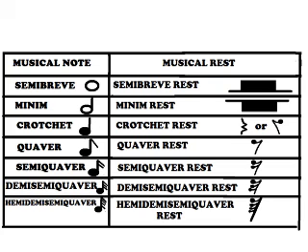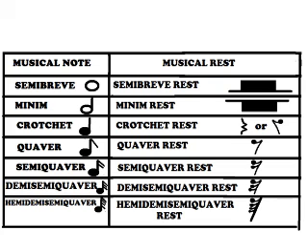The only difference is that a musical note tells you how long it will sound. Like if I have a semibreve note, it tells me how long the semibreve note will sound. But a musical rest tells you how long it shouldn't sound, how long there should be silence, how long this note is supposed to stay without producing sound.